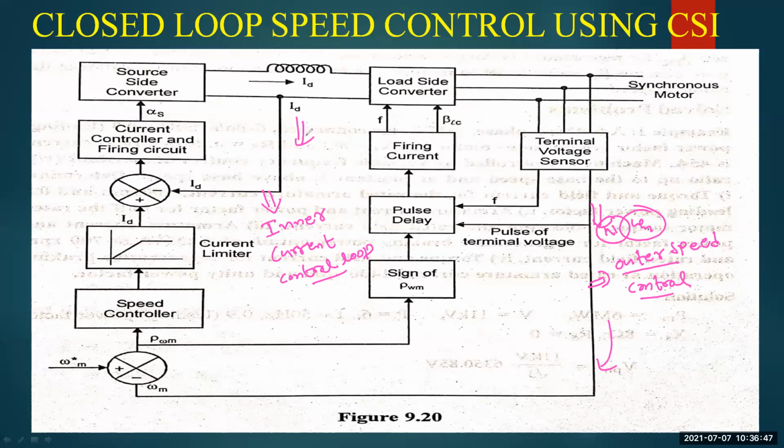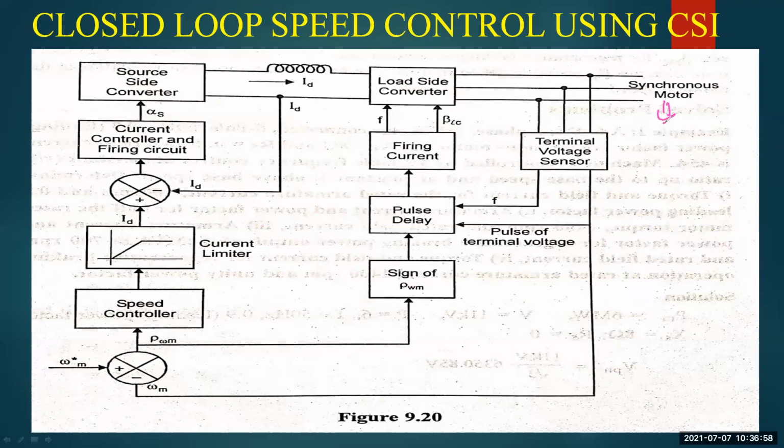The speed of the rotor is sensed by the voltage terminals of the stator. The speed of the synchronous motor is sensed by the voltage terminals of the stator. The terminal voltage sensor is connected to the stator winding of the synchronous motor.